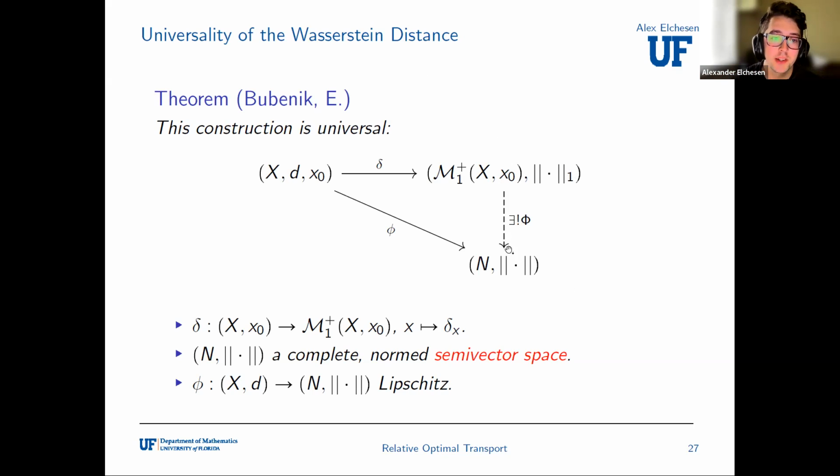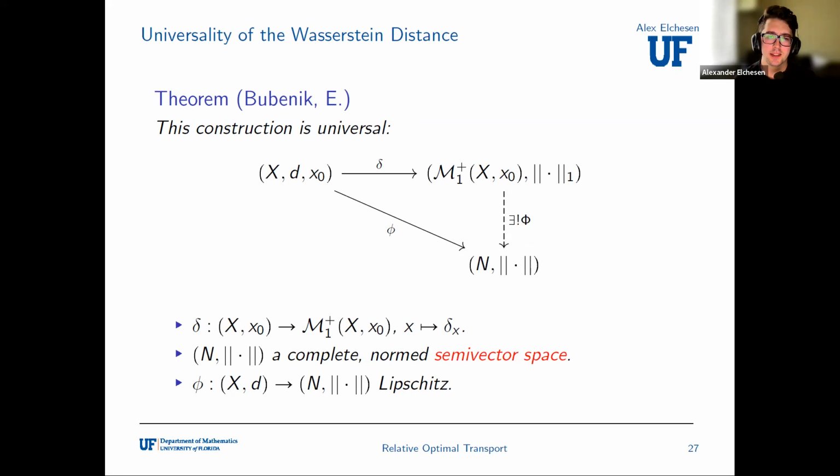I also didn't mention that this space is complete. Now suppose we have another complete normed semi-vector space, N, and we have a Lipschitz function phi into that space. Then there exists a unique extension of phi, to this capital Phi, which is going to be a positive linear functional, so that this diagram commutes.